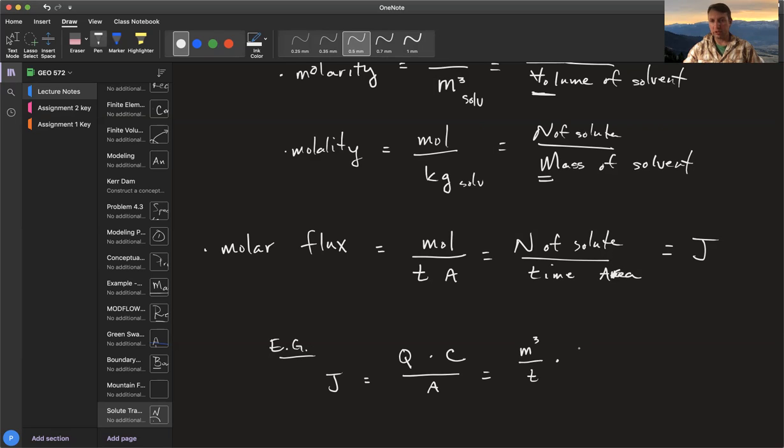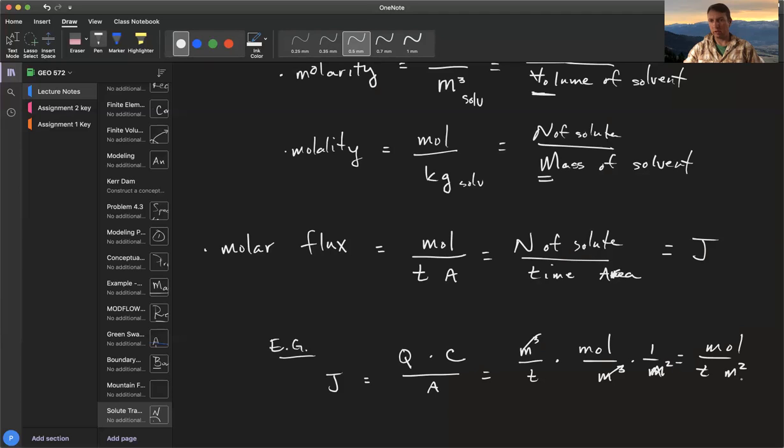This concentration, if it's molarity, it's moles per meter cubed, all right, times 1 over the area. All right, I just pulled that 1 over the area out over here. And here's what happens. I get the meters cubed canceling, moles per time per area, per meter squared.